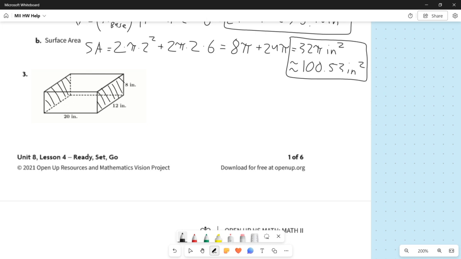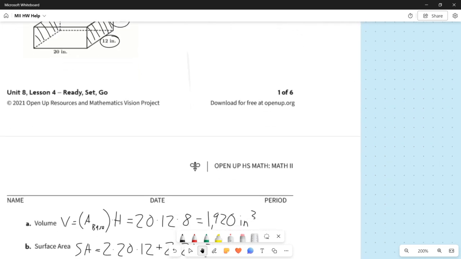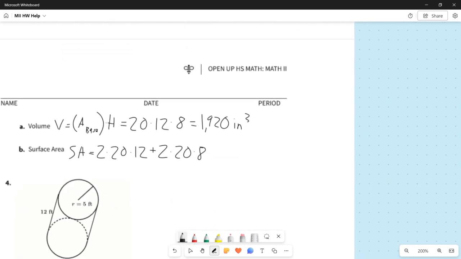And you can see here that one of the dimensions is 12, the other dimension is 8. Those 2 rectangles are congruent, so we're just going to find one and double it. So we're going to add 2 rectangles that have dimensions of 12 and 8. So 2 times 20 times 12 plus 2 times 20 times 8 plus 2 times 12 times 8.